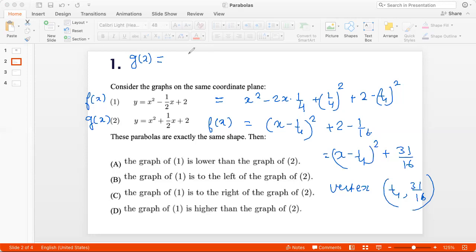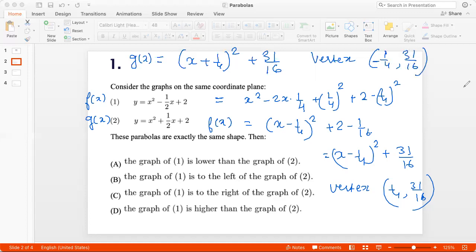So we'll basically get (x + 1/4)² + 31/16, right? That's the only difference. Here we have a plus. So the vertex for this graph is (−1/4, 31/16).